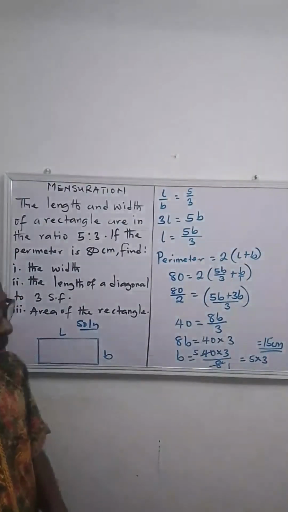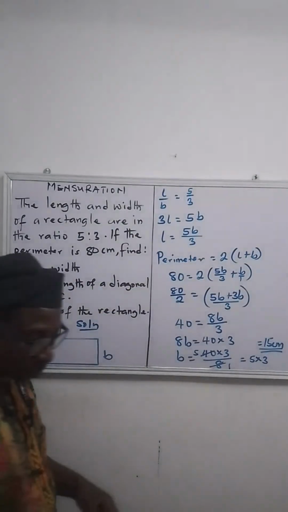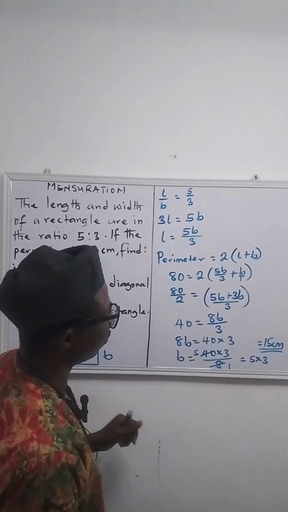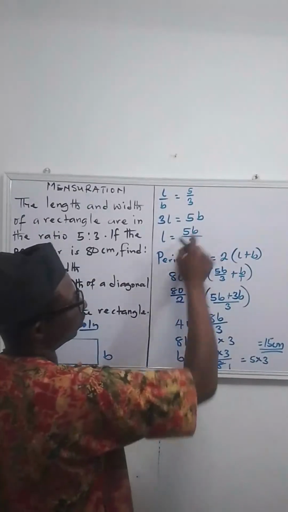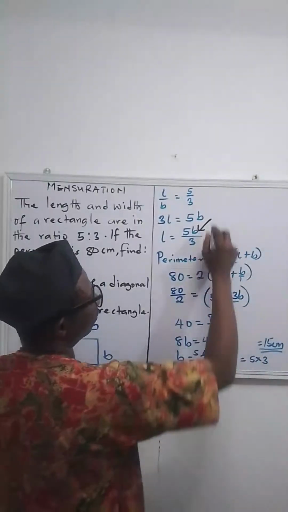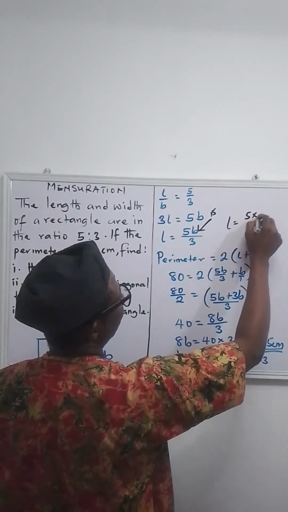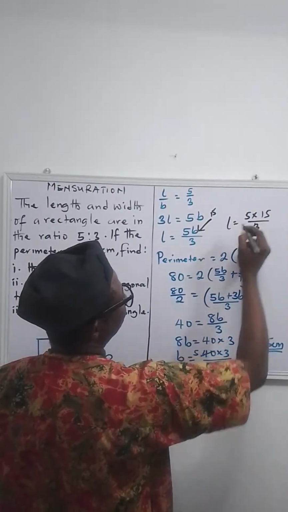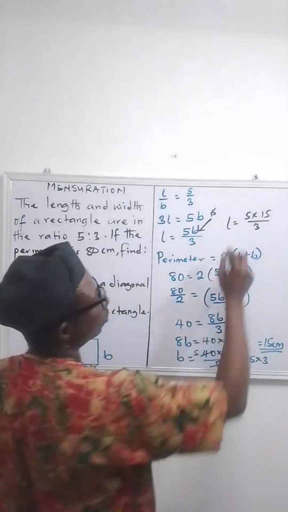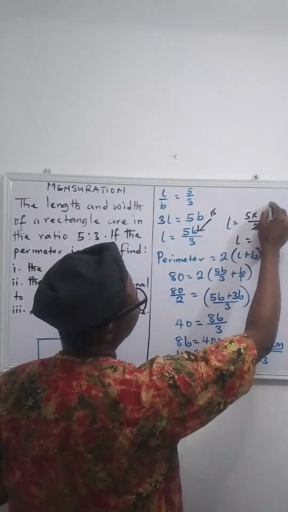So what is going to be the length? Look at the length here. All we need to do is plug in the value of b into this so that we get the length. So we have L equals 5 times 15 over 3. 3 goes into 3 once, 3 goes into 15 five times.